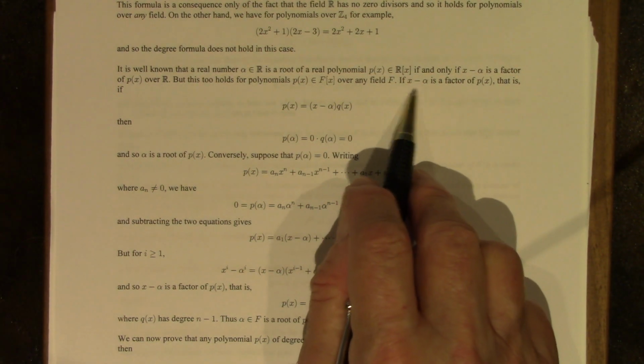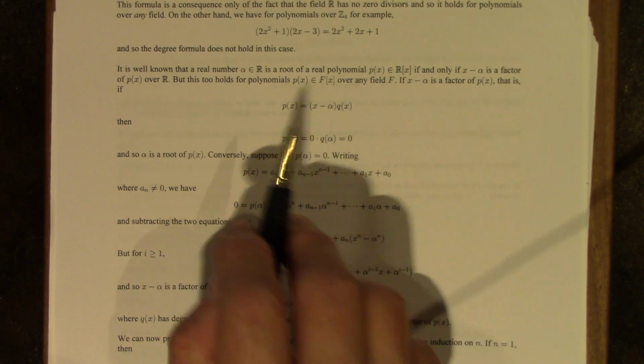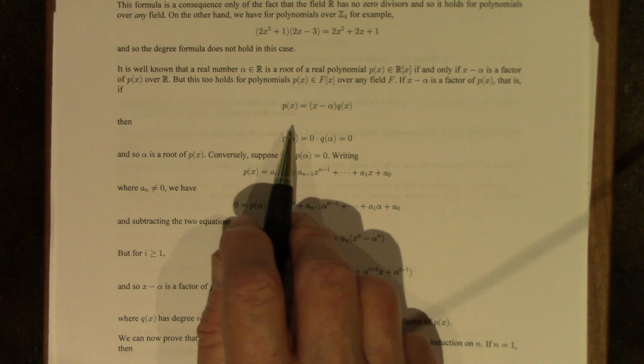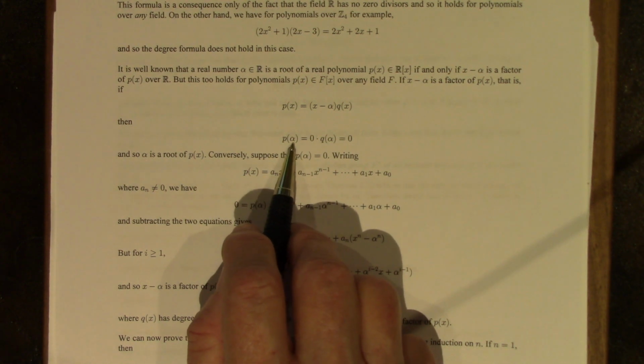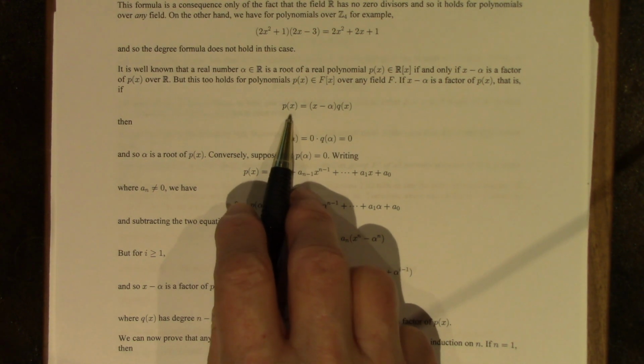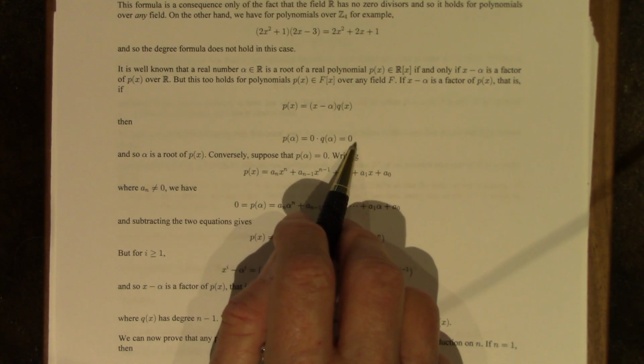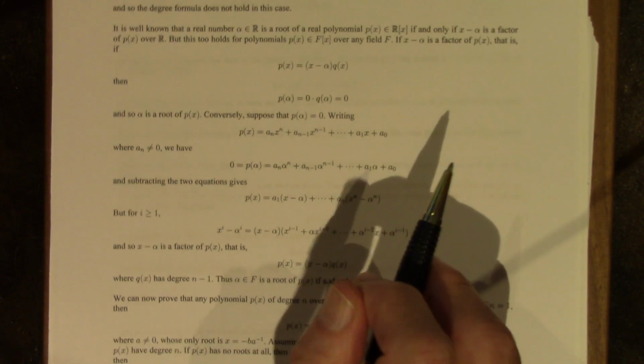First of all, if x minus alpha is a factor of p of x, then you can factor like this. When you plug in x equals alpha, you get p of alpha is 0 times q of alpha, which is 0. Okay. So alpha is a root of p of x.